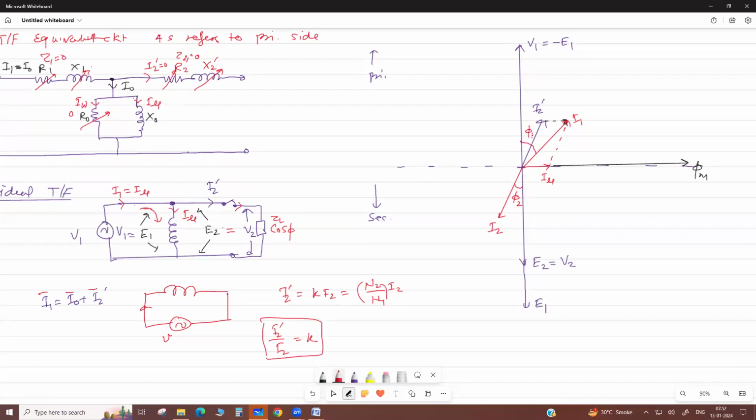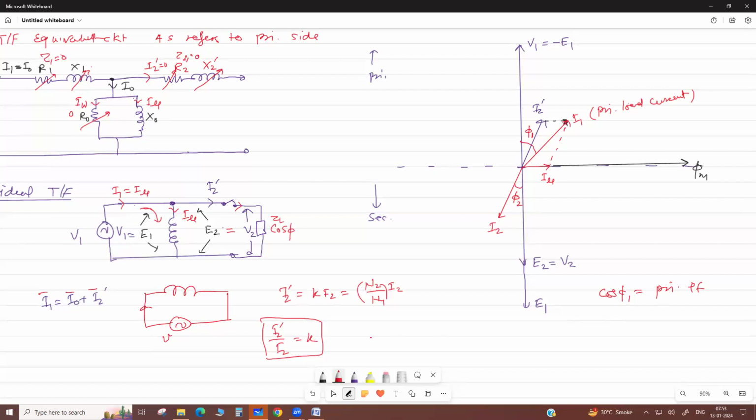I1 is the primary current, the primary load current, and this is your cos phi 1, the primary power factor. Because there are two circuits, the primary power factor is the overall power factor of the transformer. Correct? Any doubt here?